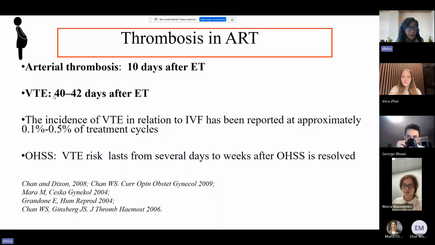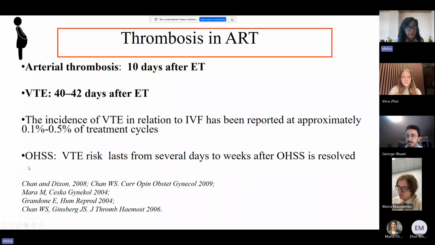However, the absolute incidence and absolute risk of events is higher when some additional factors, as I said, individual risk factors or factors related to the procedure occur.